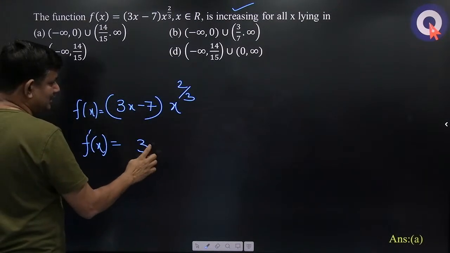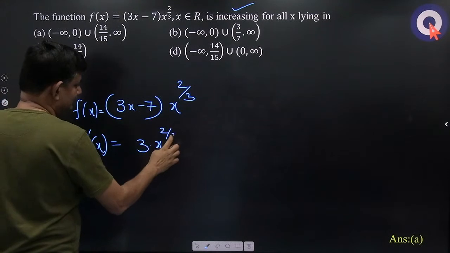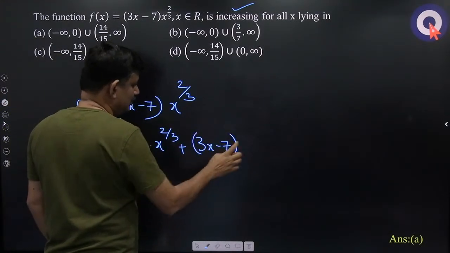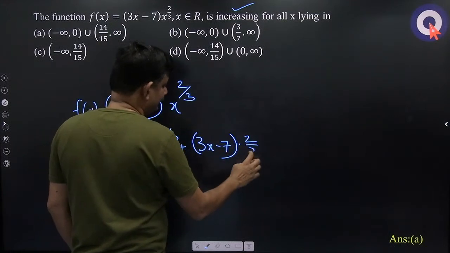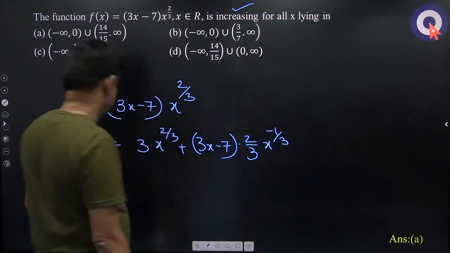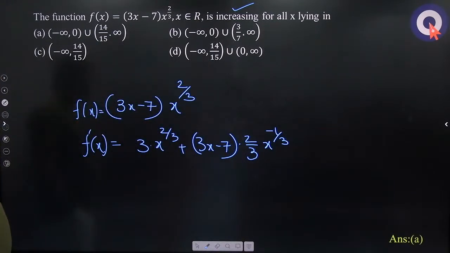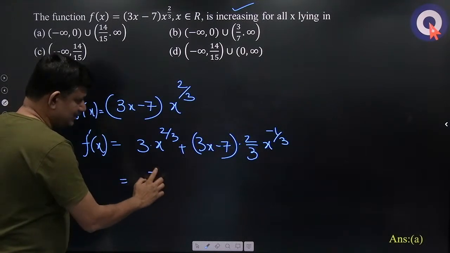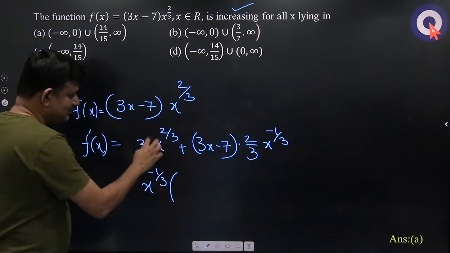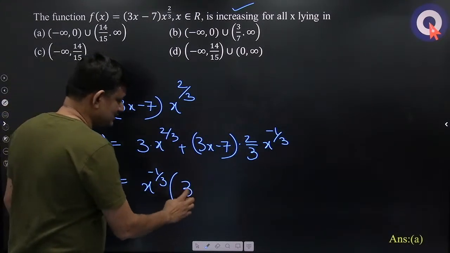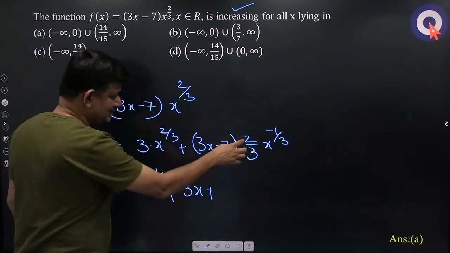Derivative of this is 3x power 2 by 3 plus 3x minus 7 times the derivative of this, which is 2 by 3 x power minus 1 by 3. So I'll take x power minus 1 by 3 common.